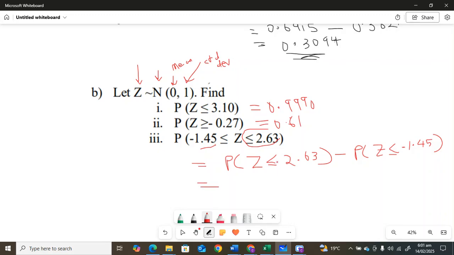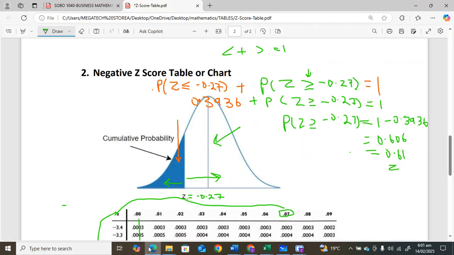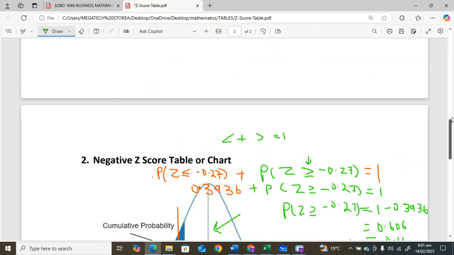So we come to our table, we get our values. First, we start with 2.63.